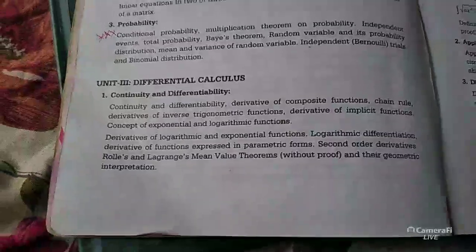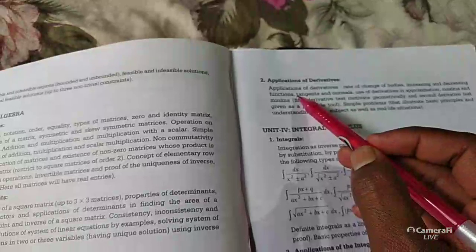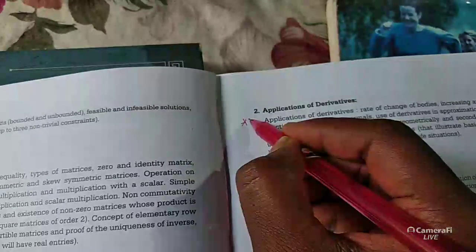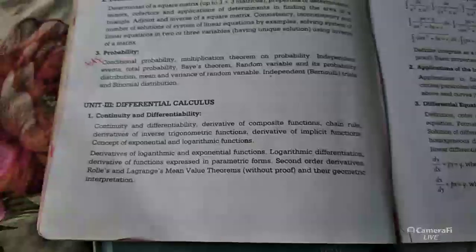From unit 3 there are different methods of differentiation and their application. One will be a little bit difficult, but this chapter is very easy. So from this unit there will be 20 marks.